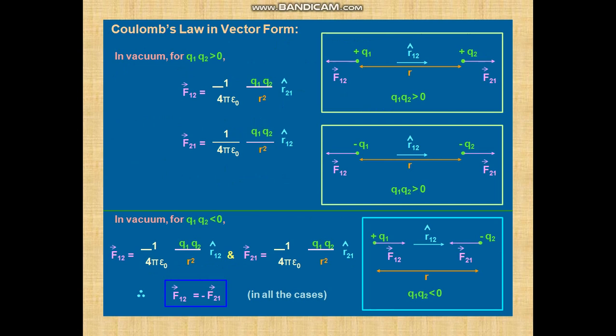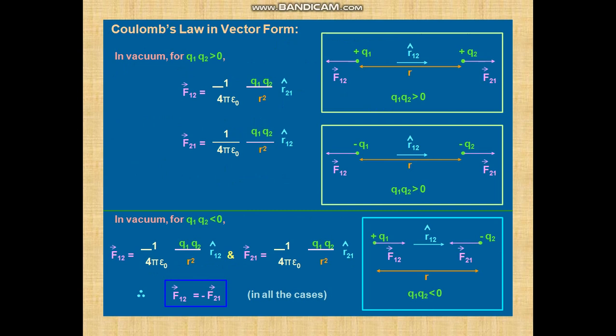Basically these are small questions that generally come in the board exam. The question comes like: Q1 Q2 is more than 0 or Q1 Q2 is less than 0, what does it signify? Then I am telling you. Q1 Q2 more than 0 means the product of Q1 and Q2 is positive.